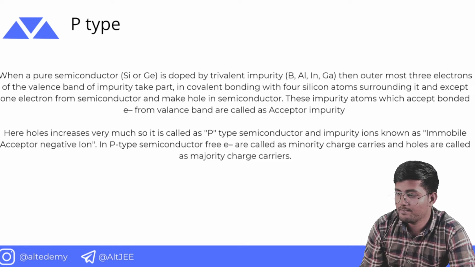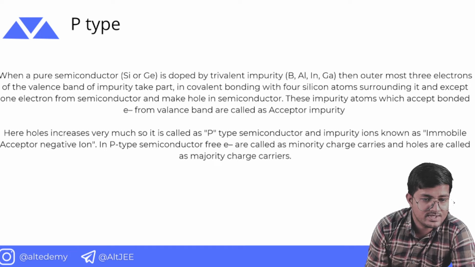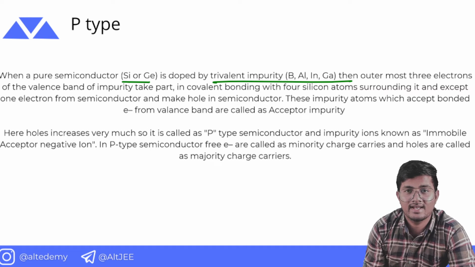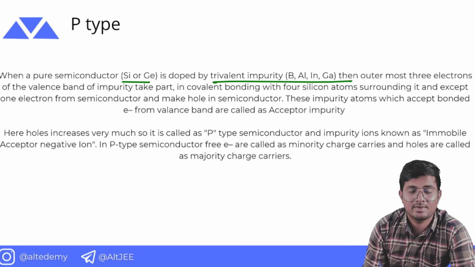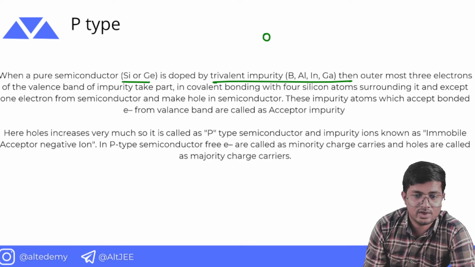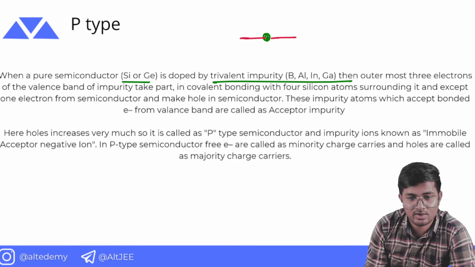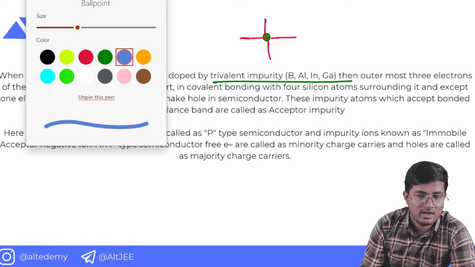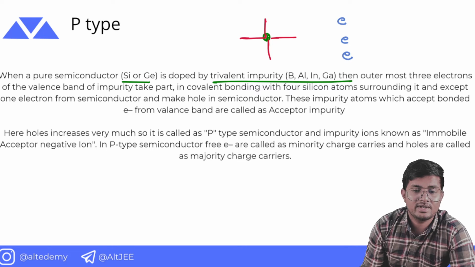All right, and then we have p-type semiconductor. In case of p-type semiconductor, we dope silicon or germanium with a trivalent impurity like aluminium, gallium, barium, like these. All right, so in this what happens is, because aluminium has 3 electrons and silicon has 4 bonds. So when we will use aluminium, beta, aluminium will give 3 electrons, so it means that only 3 bonds can be broken.